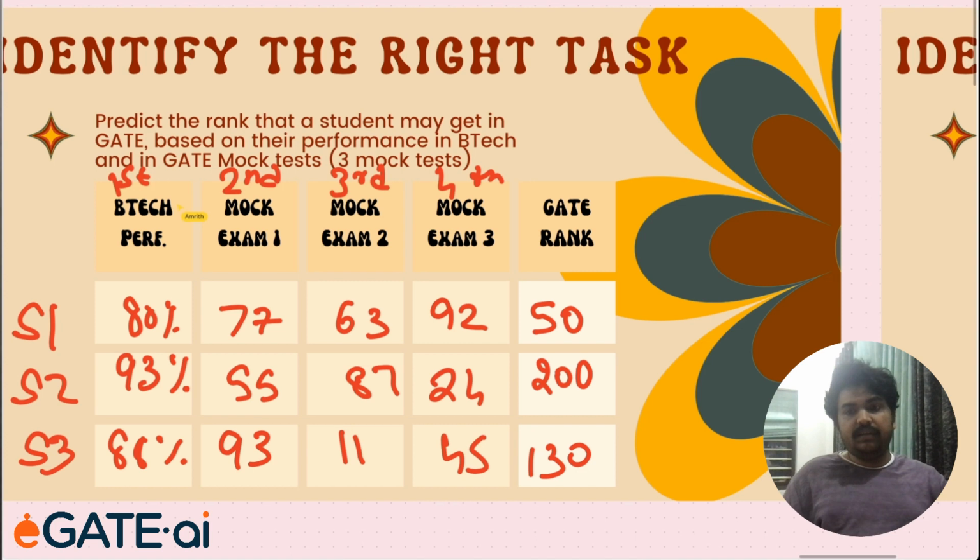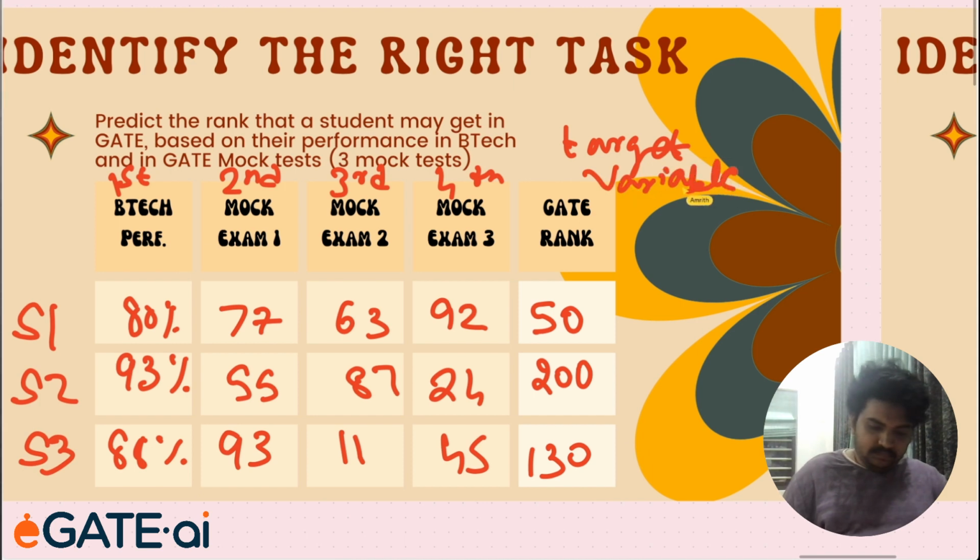And we are still finding the mapping of this representation with the target variable, which is the GATE rank. So for the combined representation, I have to find the mapping.